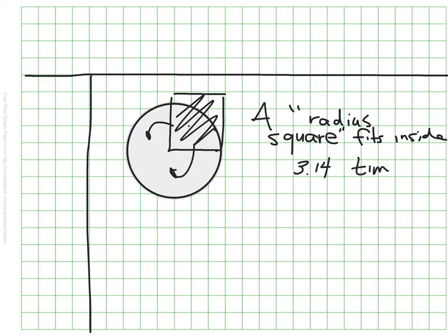So it fits pi times inside there, and that's how we use that formula, an equation, to solve for the area of a circle. So to solve the area of a circle, we know that the area is equivalent to the radius squared times pi, or you'll more often see it in this order, pi times the radius squared.